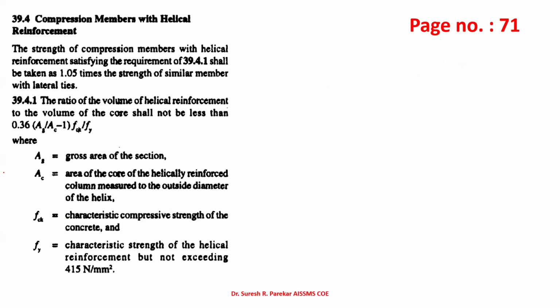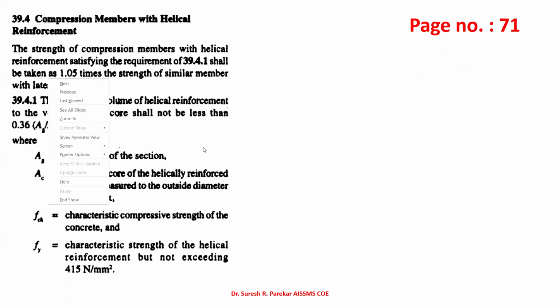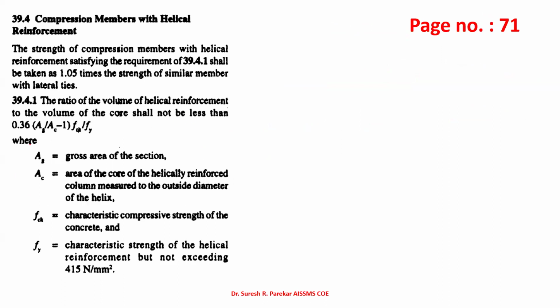Then on the same page, we have this: the ratio of the volume of helical reinforcement to the volume of core shall not be less than 0.36 (Ag upon Ac minus 1) fck upon fy.